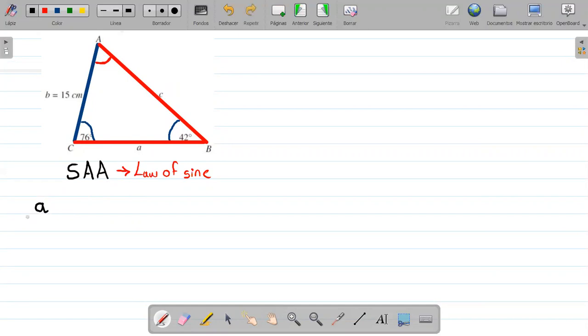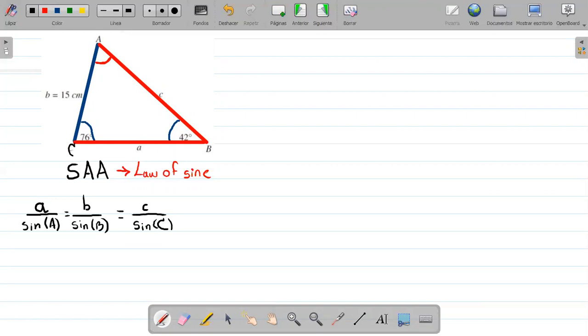A over sine of A equals B over sine of B, and that equals C over sine of C. I'm trying to do something different, a capital letter C, to make clear that it's not a parenthesis, it's just a letter C, like the little expression it has here.